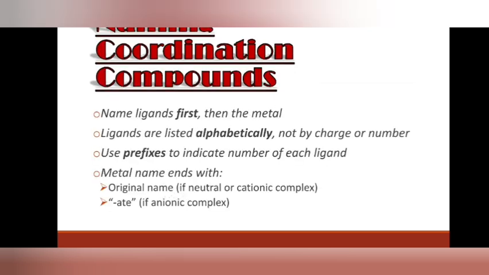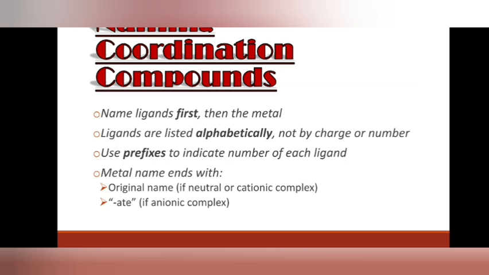Naming the coordination compounds. Now we have seen the coordination compound. How are we going to name them? Name ligands first, then the metal. First you will always name the ligand, then you will name the metal. Ligands are listed alphabetically, not by charge or number. You have to see the names of the ligands and arrange them alphabetically.